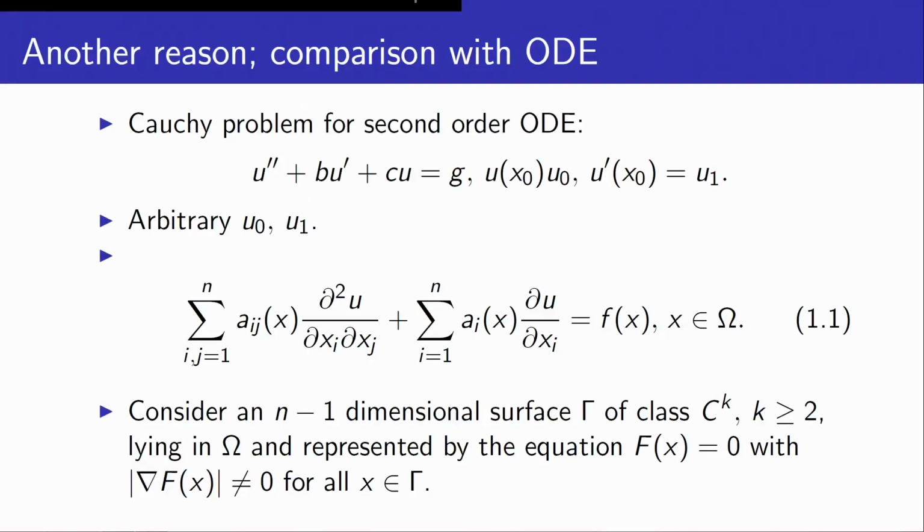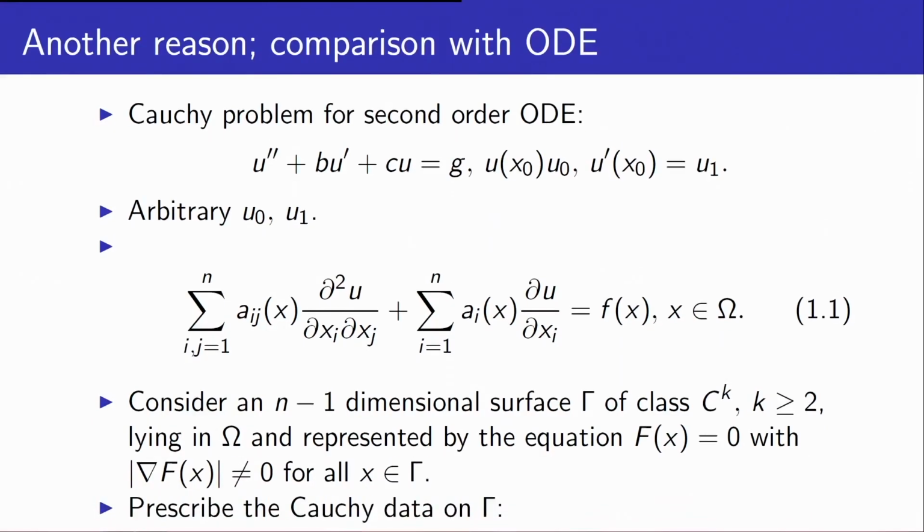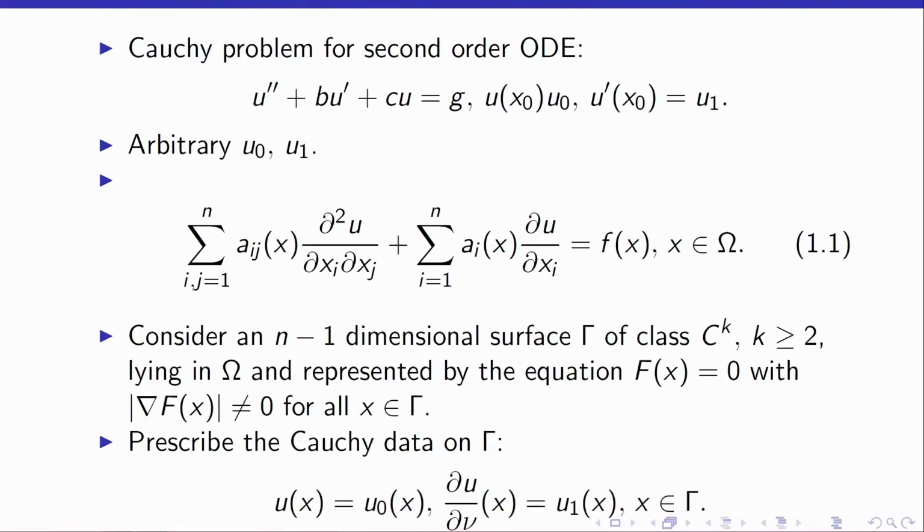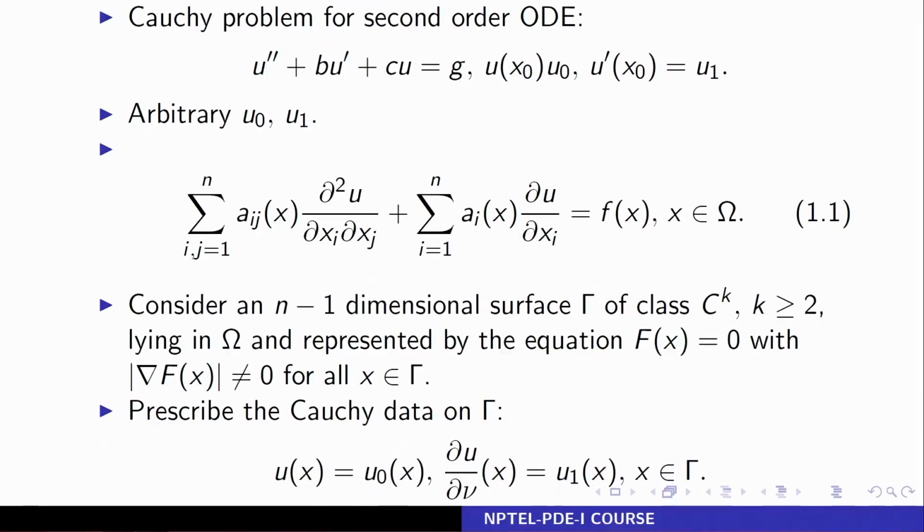And on this surface we prescribe the initial data, or Cauchy data, for the equation 1.1. So, you give its initial position and then you give the normal derivative. Here del u by del n denotes the normal derivative of u on gamma, and these two are prescribed, similar to the ODE problem.